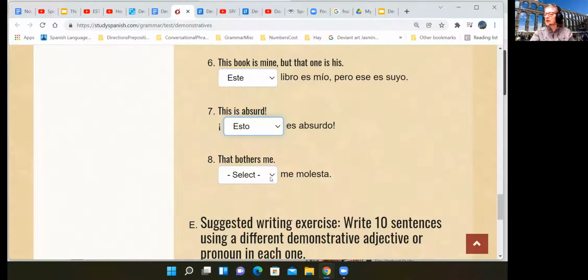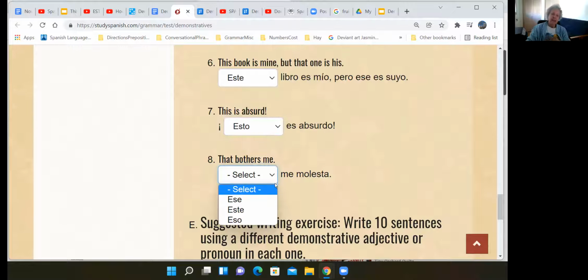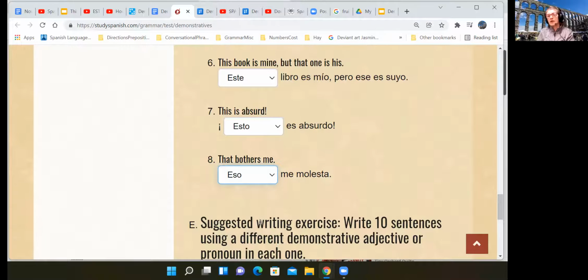That bothers me. Eso me molesta. Something happened, and that bothers me. Me molesta has nothing to do with molestation. Me molesta means it is bothersome, it is annoying to me.